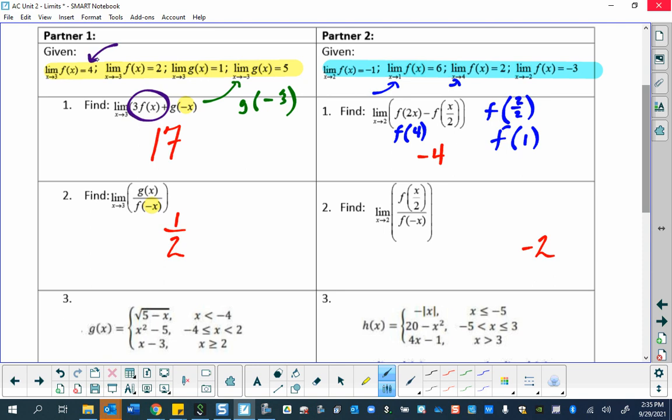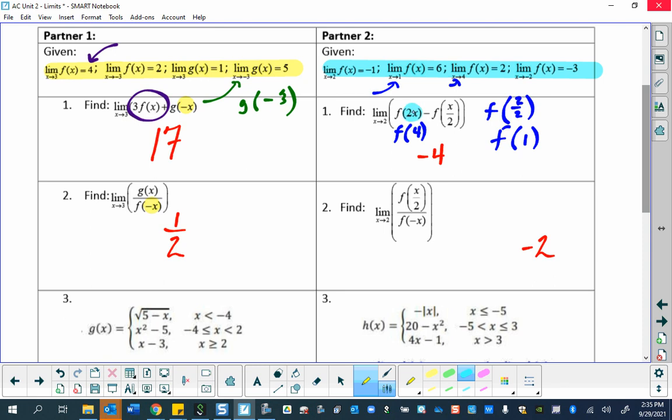What is the output as x gets closer to 3? 4. I want 3 times that. Oh, 12. Are you with me? So this 3 here is asking me 3 times that output value that you determined was the limit as x approaches 3.